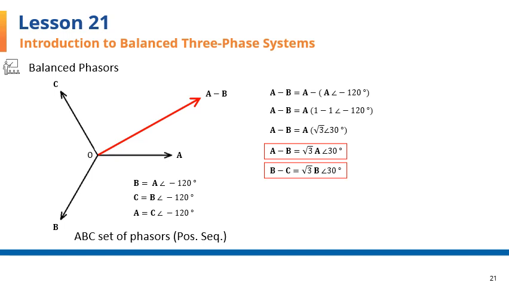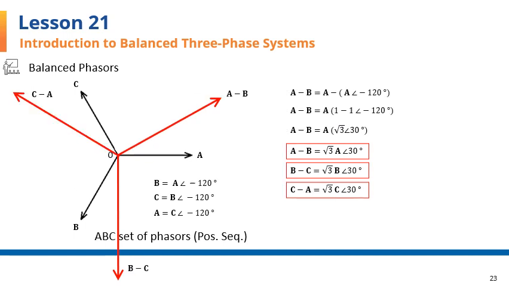And similarly, well, let me show you the phasor diagram for it, which is shown on this slide. So B minus C would be this downward phasor. And C minus A will be given as the square root of 3 times C, phasor C with 30 degrees. And here is its phasor diagram.